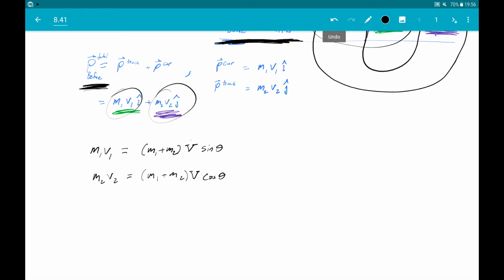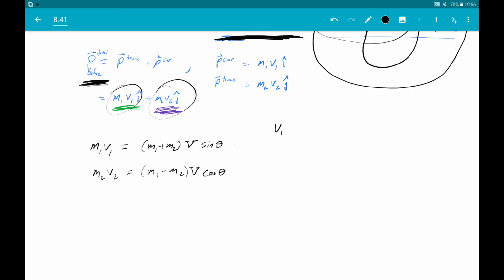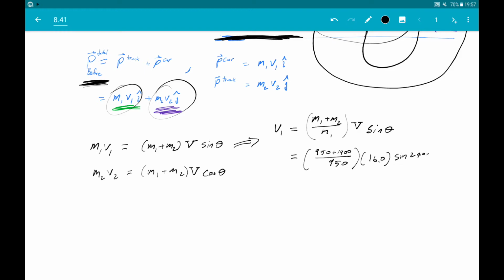We know V, we know everything on the right hand side. We know almost everything on the left hand side, we just don't know the velocities. So that says V1 is the total mass divided by m1 times V sine theta, or was it 950 plus 1900 divided by 950 times 16 meters per second times sine of 24 degrees.